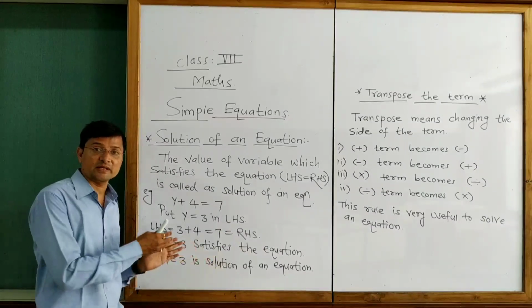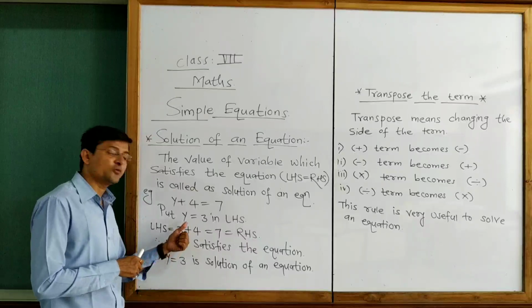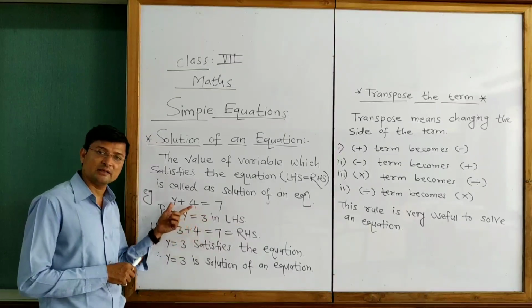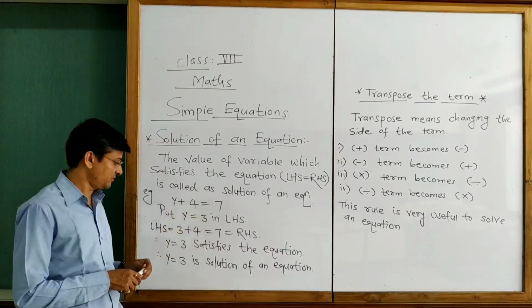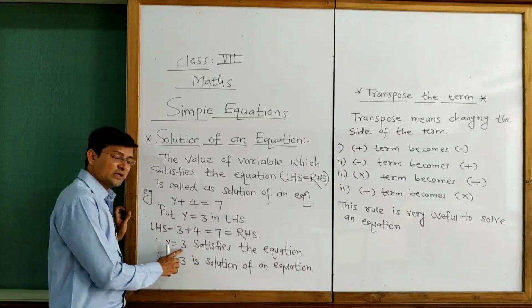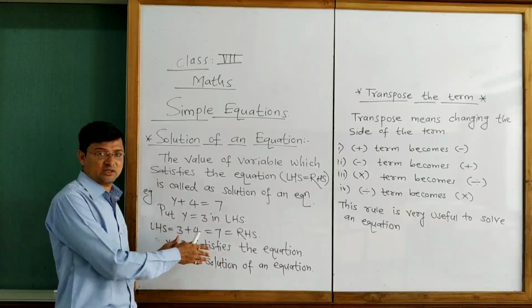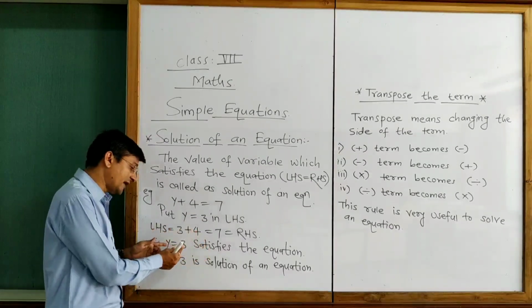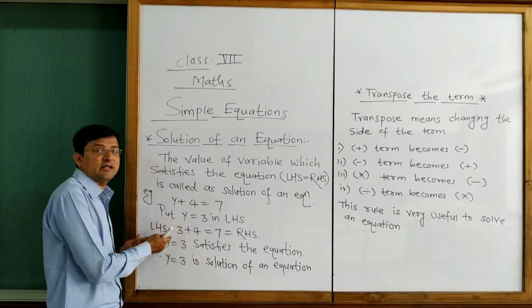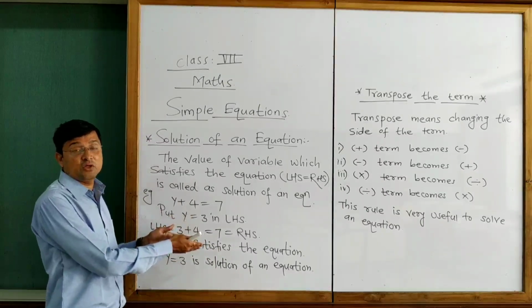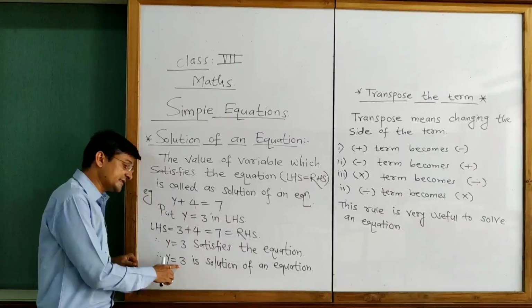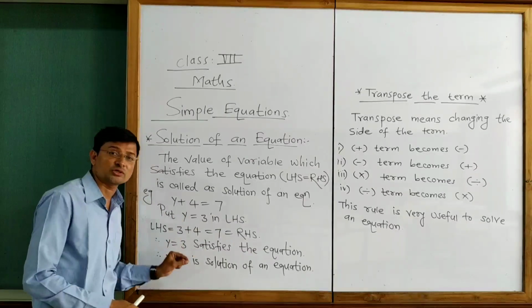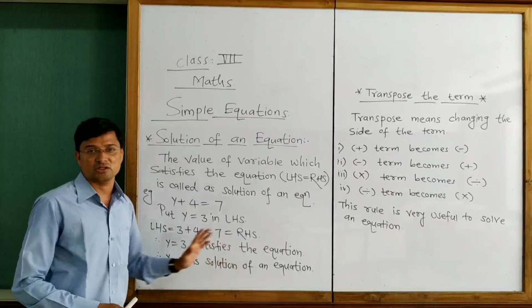That means we get RHS when we put y equal to 3 in LHS. So here y equal to 3 satisfies the equation. That means for y equal to 3 we get LHS equal to RHS. So now we can say that y equal to 3 is the solution of the given equation.